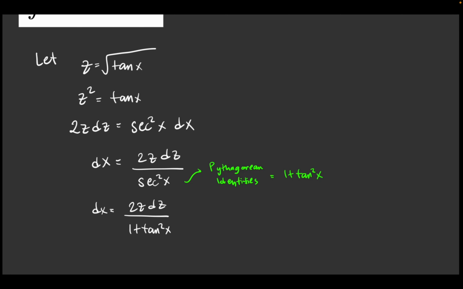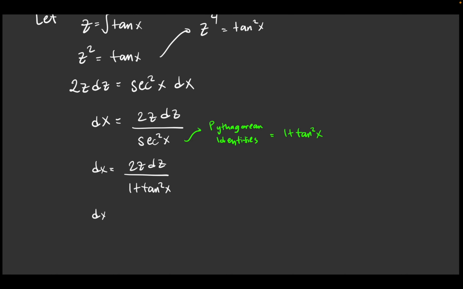But then again, we know that z squared is just tangent of x. So when we raise z to 4, we get tangent squared of x. So that means dx will be 2z over 1 plus z raised to 4 dz.